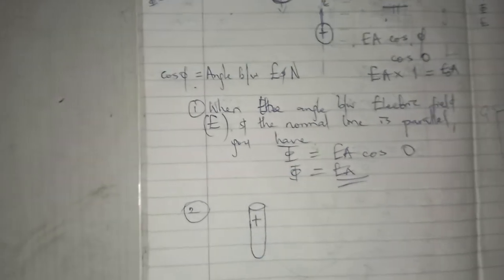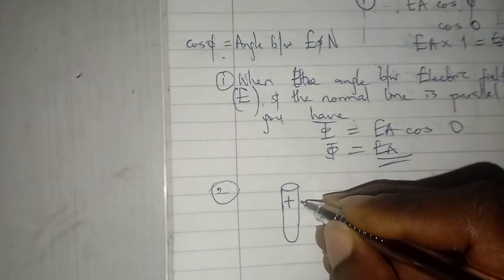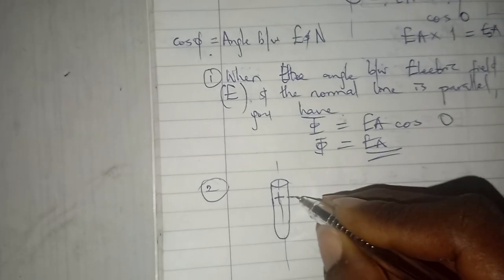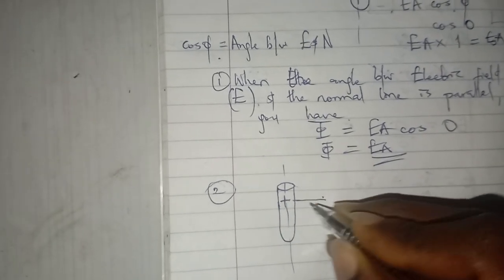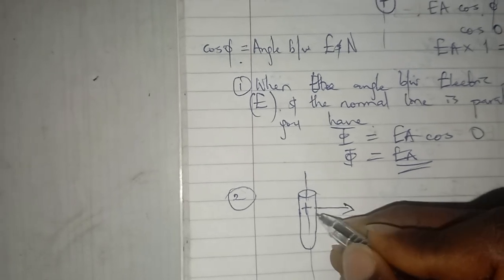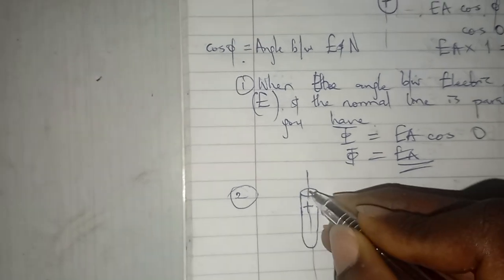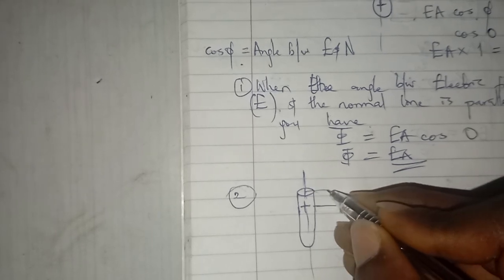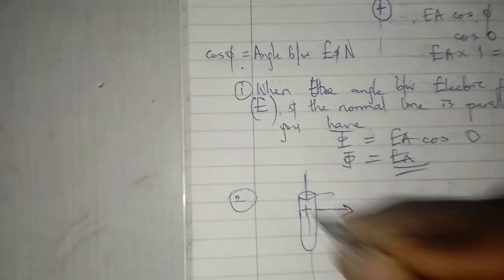I don't want to use point charges, so you don't get confused. So this point charge, let's say in this case it is moving along the normal line. We know that the normal line is this way, but let's say that the electric field considered is this way. Because the charges are moving this way and this way, there will be no electric field here, because by the time the electric field is moving this way, the normal line is this way.